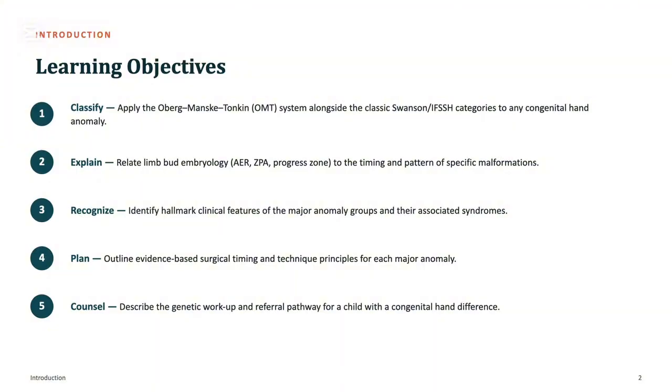We have two classifications: the Oberg-Manske-Tonkin classification, which discusses mainly the embryology and the timing, while Swanson, or the International Federation of Societies for Surgery of the Hand, discusses both the timing and phenotype, but mainly the phenotype.